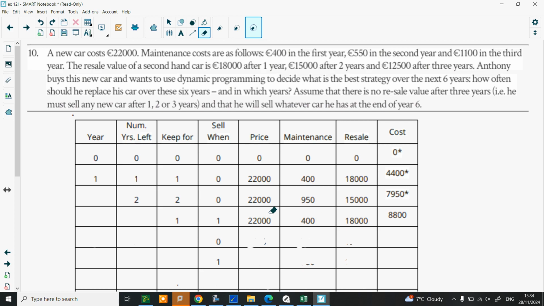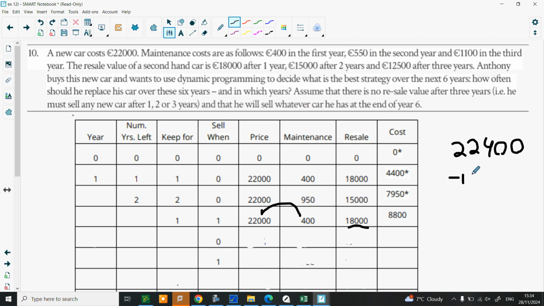And once again, you add the, now this one's interesting. Give me a second with this one. Okay. What's 22,000 plus 400? 22,400, okay. Take away your 18,000. 4,400. But why is it 8,800?